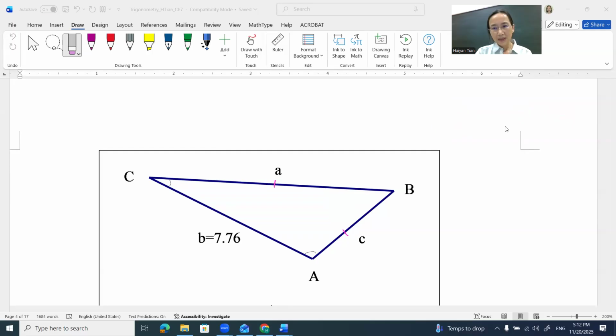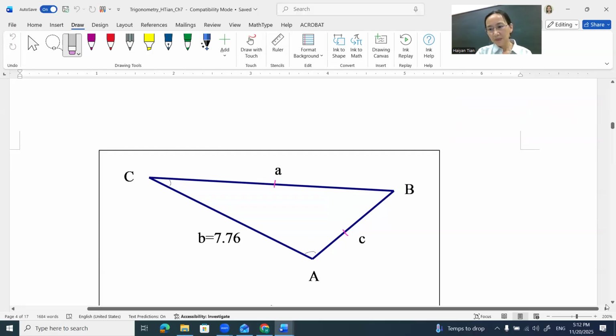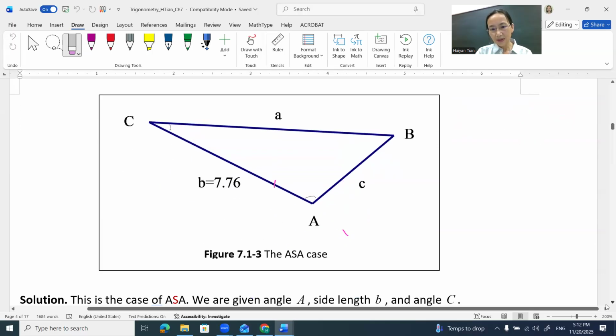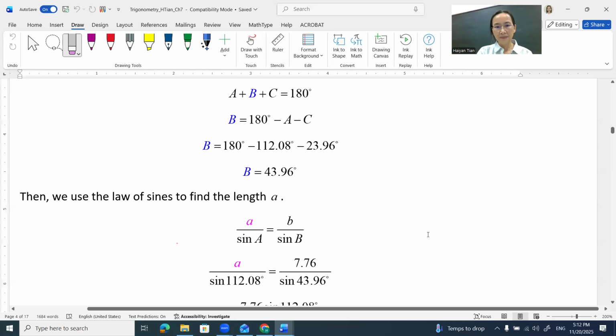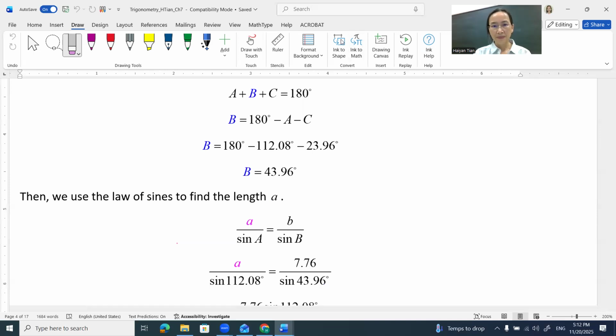So let's just get the angle B. You see the blue font, this B is unknown, right?